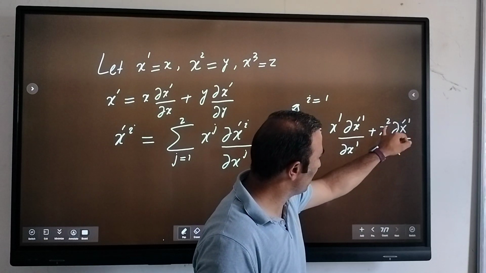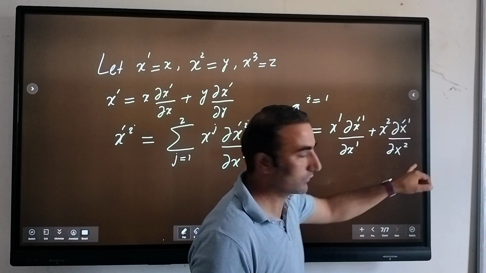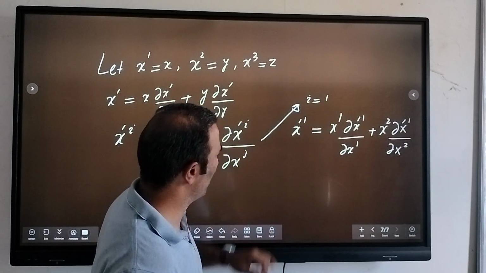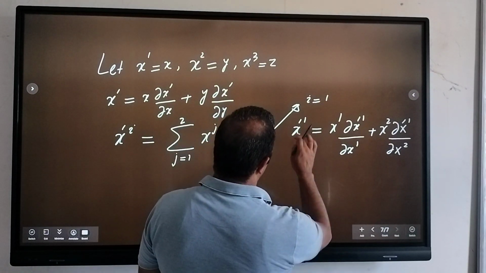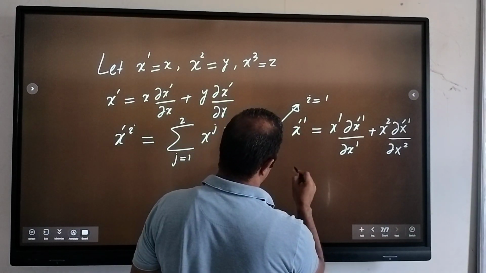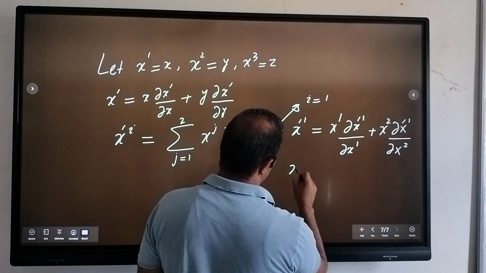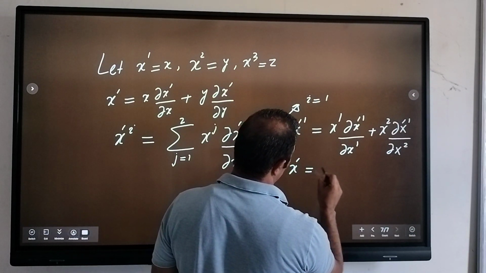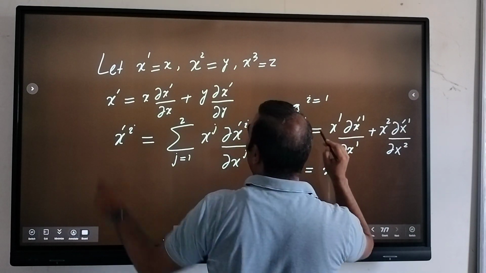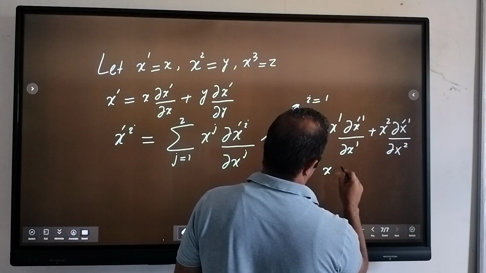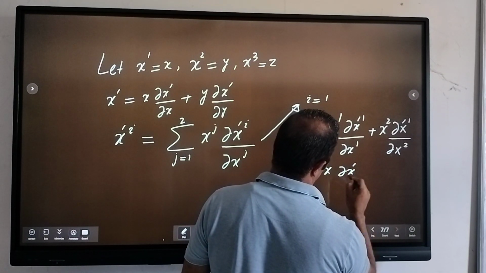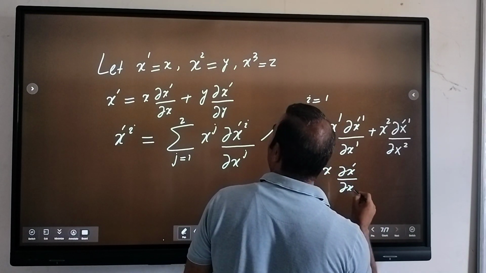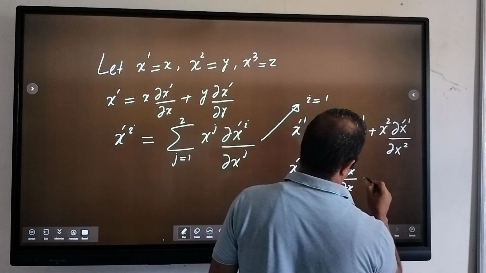And now j will be here, it will be x2 and partial x2, because here it is j, here it is j. So that means we can write that partial x prime 1 is partial x, and x prime is equal to x because x1 equal to x, and that is partial x prime by partial x plus.